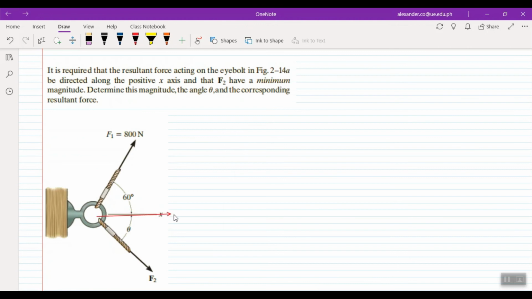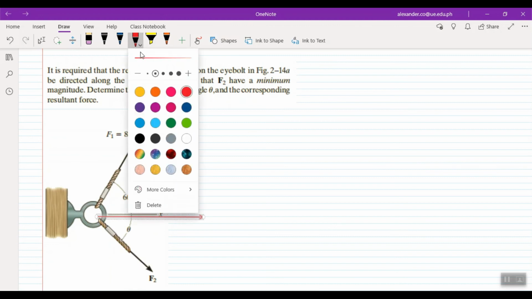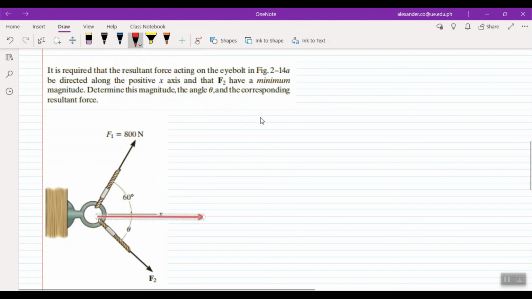Ito yung x. Yan. So, ito daw yung value ng FR. Okay? So, I'll call this FR.